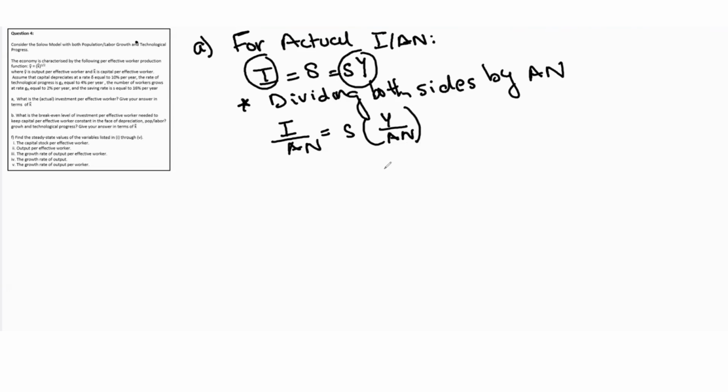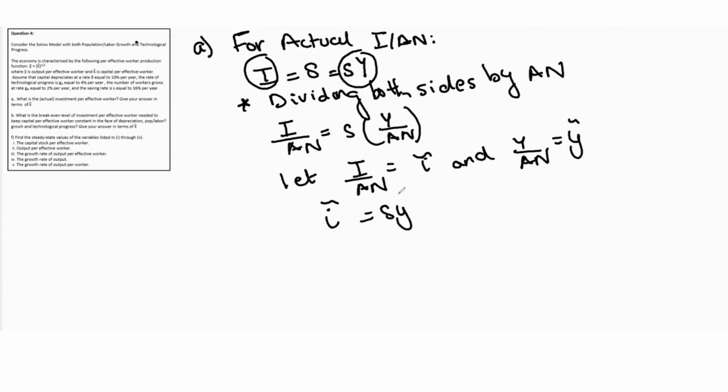Now let's do some notation: let I by AN be I tilde, investment per effective worker, and Y by AN be Y tilde, output per effective worker. So I can write I tilde is equal to s Y tilde. This is just notation.